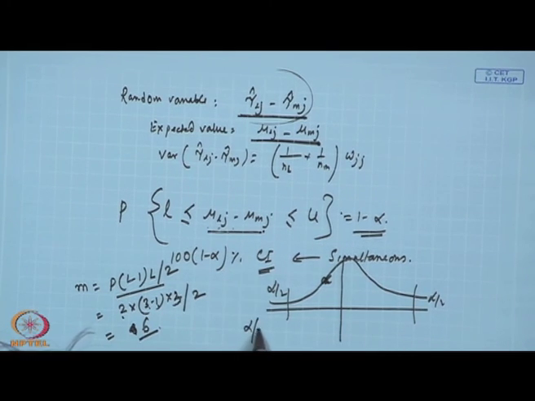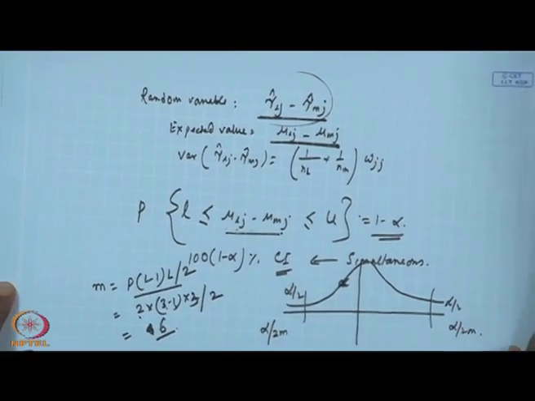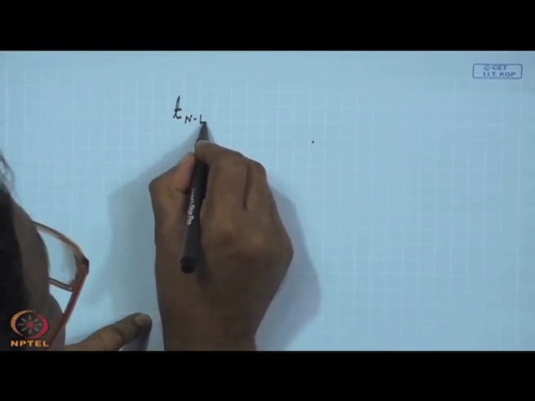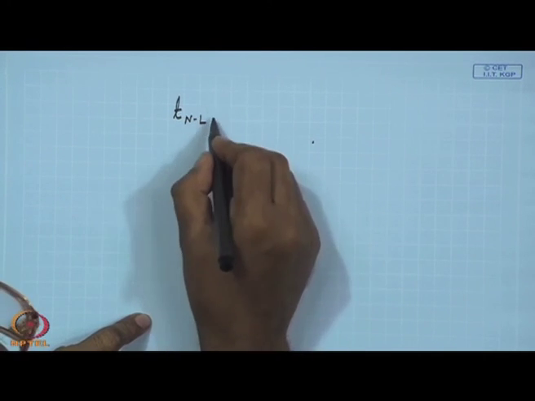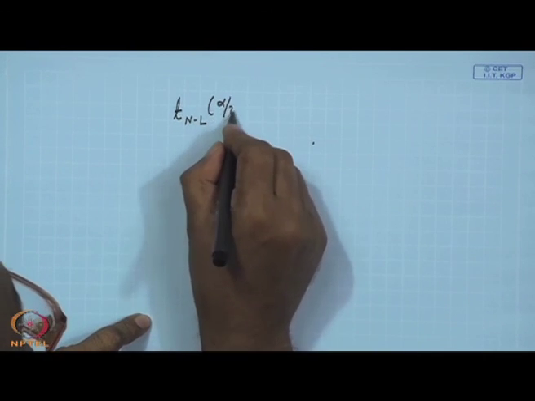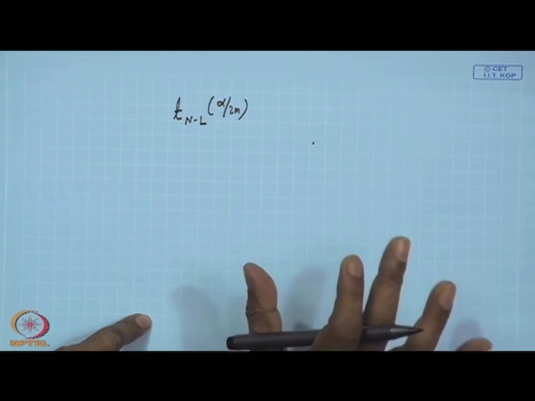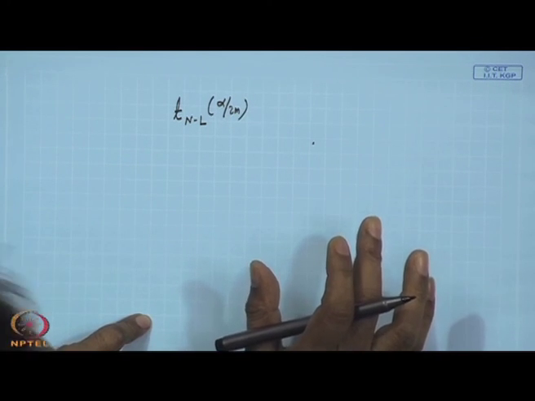So, that means alpha by 2m on this side and alpha by 2m on this side, correct. Then we are creating a T statistic here, and the degree of freedom will be n minus L, and you are considering the alpha by 2m case, because m comparisons are there.